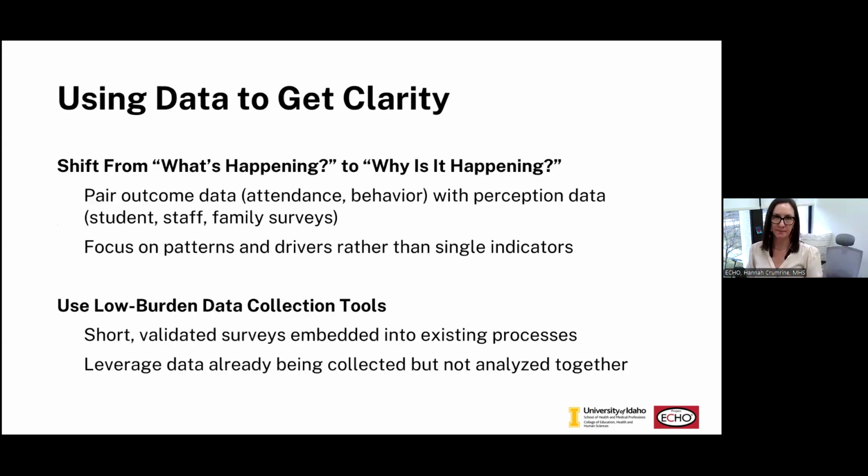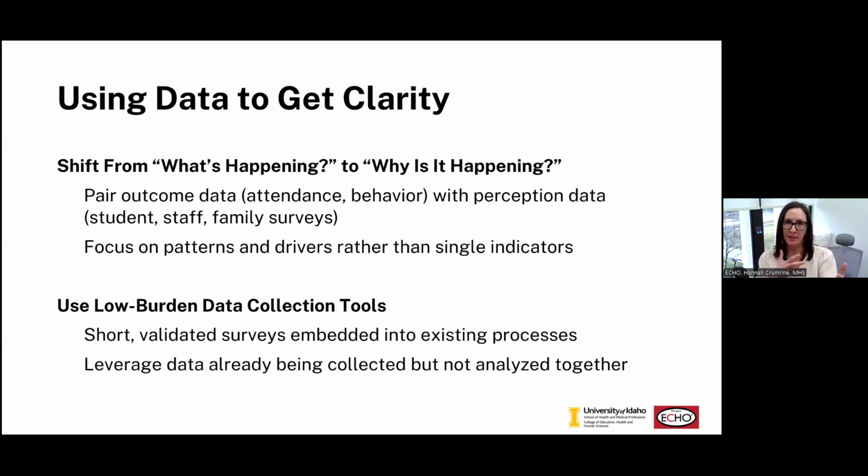Next slide, please. So some ideas to get clarity is to shift from what's happening to why it's happening. You can do that by pairing your outcome data with perception data. And then when you do that, you can focus on patterns and longitudinal findings rather than single indicators. I know not everybody is able to implement the Idaho Youth Wellbeing Survey, but there are other data collection tools out there that have been validated and are reliable that you could consider implementing.